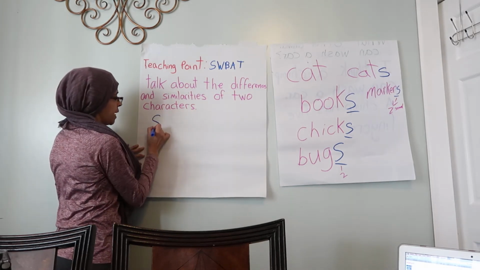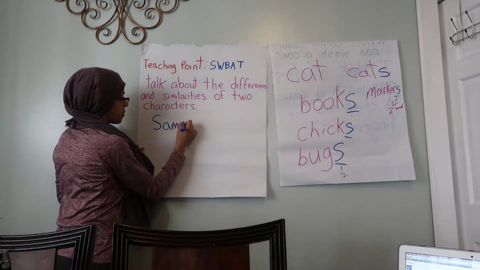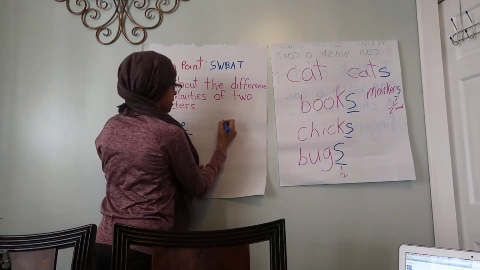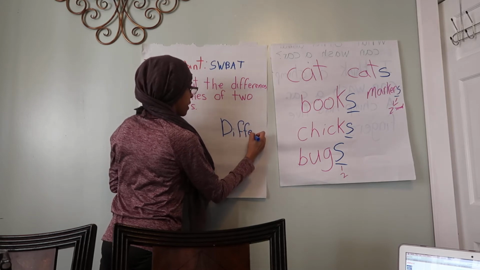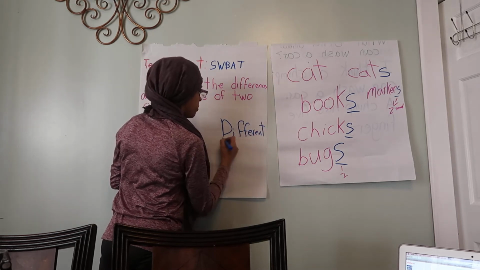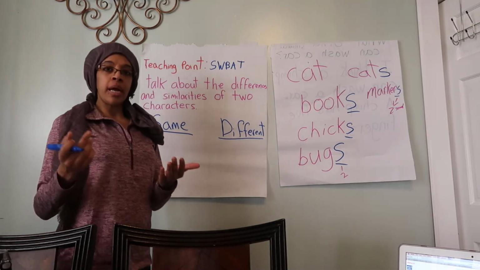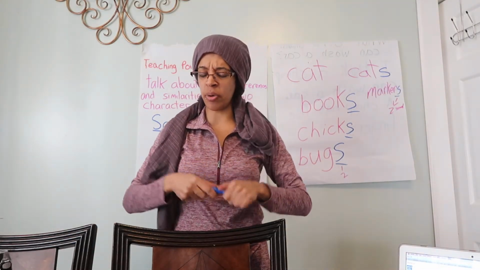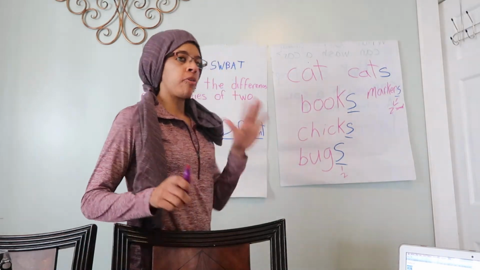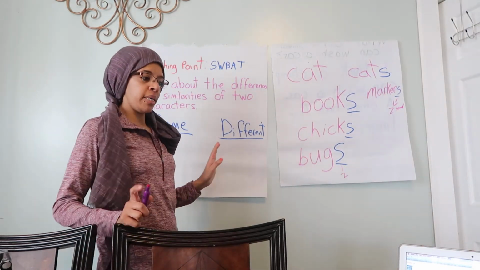So let's write same, and let's write different. Now this might be a little tricky, I know, but I'm sure you could think of it. And real quick, we'll do one of each together. So take a quick minute and think about how they're the same. That's the tricky one.